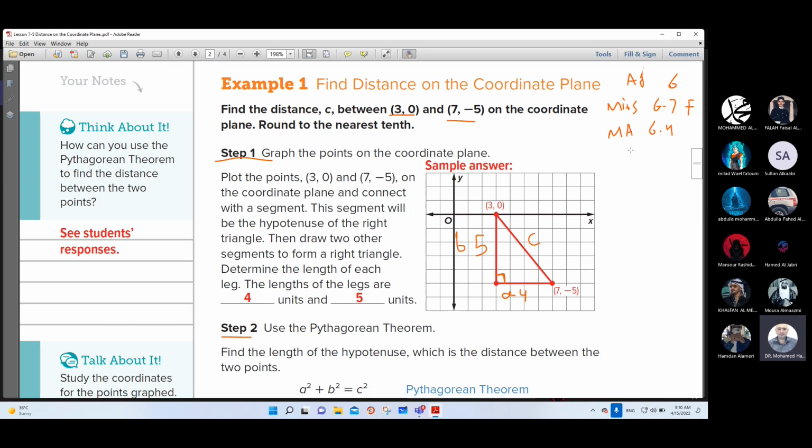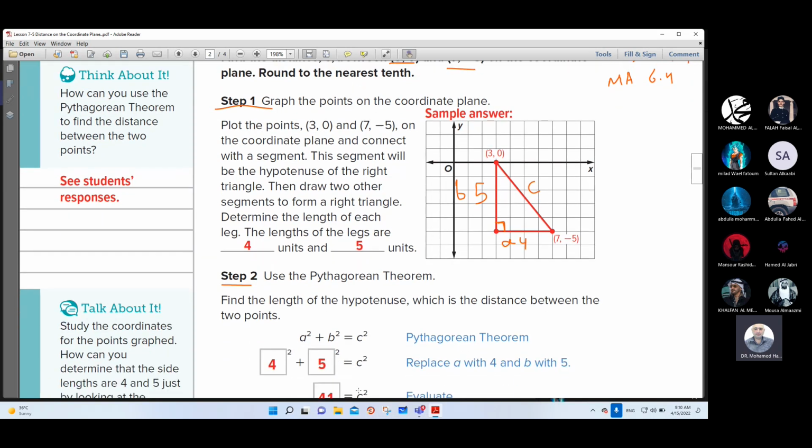Okay, check with me, please. Because we have a right triangle, we can use the Pythagorean theorem. The Pythagorean theorem says a squared plus b squared equals c squared. So substitute: the value of a is 4, the value of b is 5.